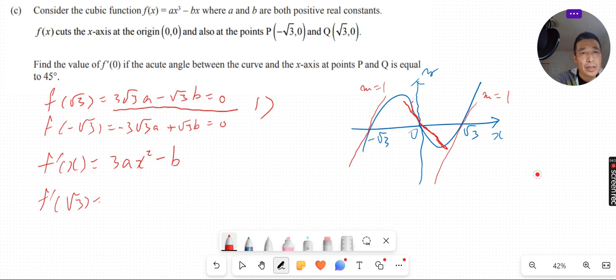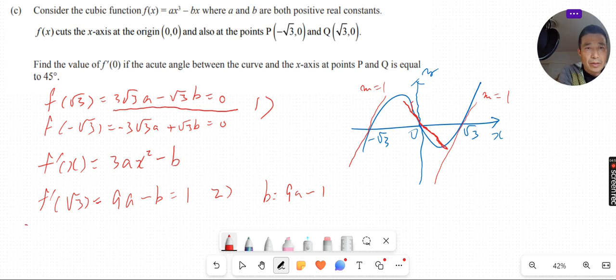What do you get? So that's a 3, so 3 times 3 is 9a minus b, and the gradient is 1, right? So that's the second equation. That means b must be 9a minus 1, right? So we can plug that into equation number 1.